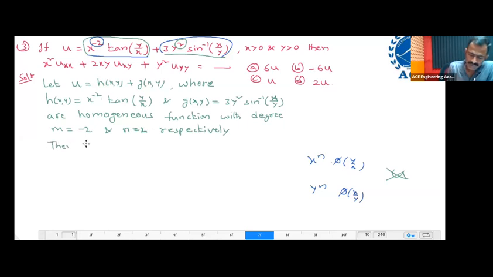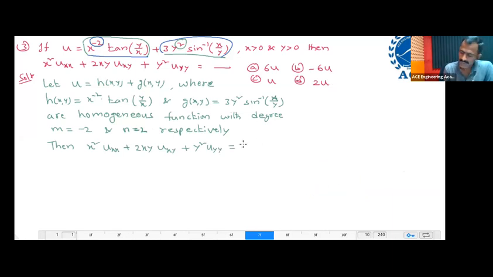Then x square into uxx plus 2xy into uxy plus y square into uyy equal to, corresponding to this h function, m into m minus 1 into h, corresponding to the next function g, n into n minus 1 into g only.